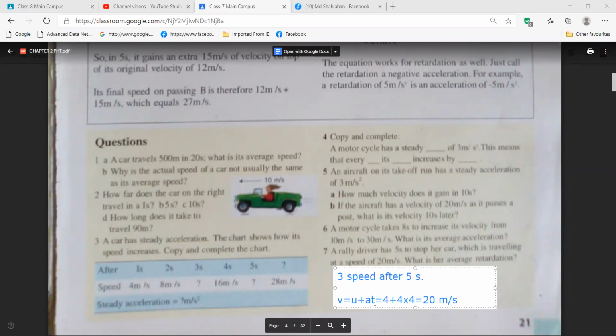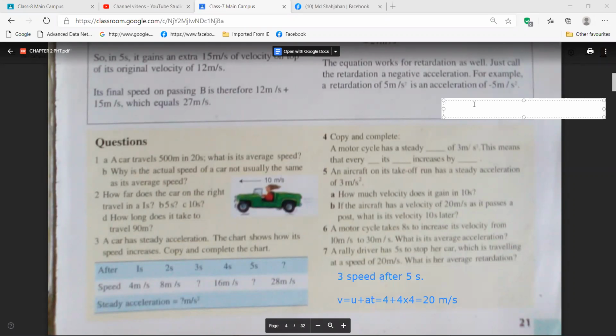This formula you can rearrange, right? For finding the time. You have to do it this way. Time for the speed to be 28 meter per second.